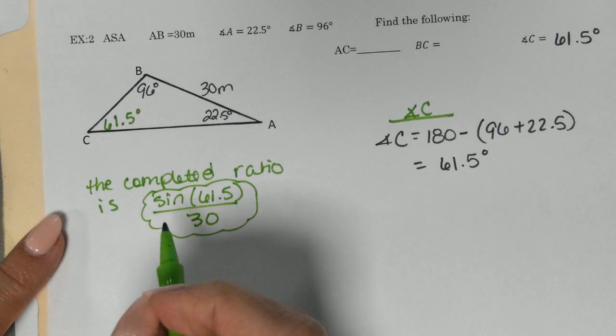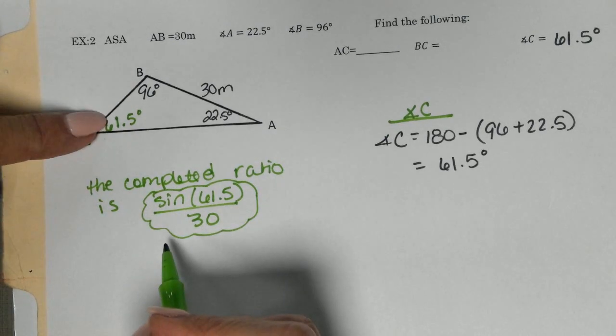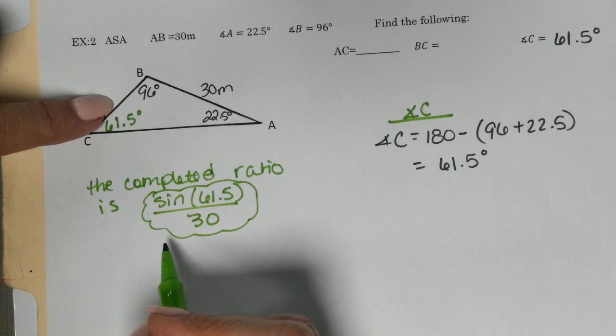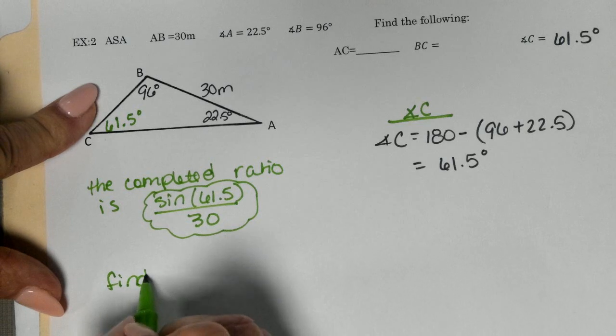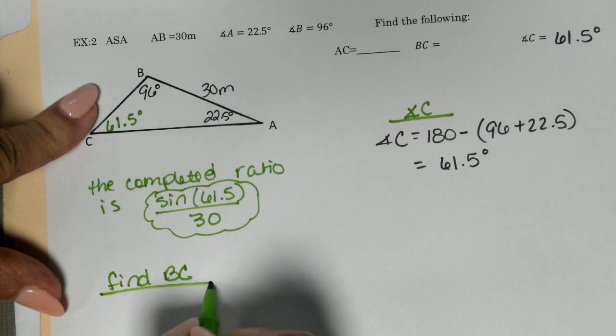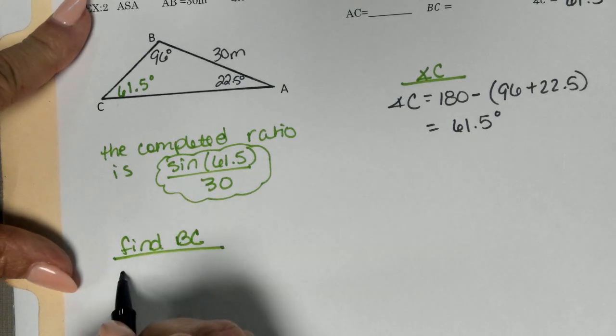So this is what we're going to use as our model. First of all, let's find side A, or side BC right here across from angle A. Find BC. So what we have is our scale factor.